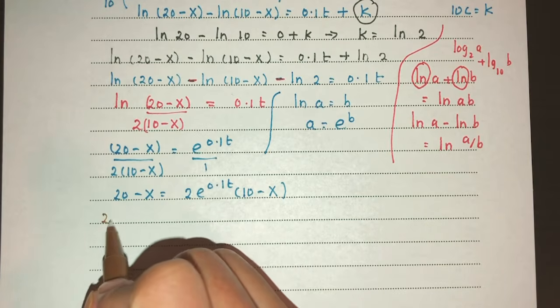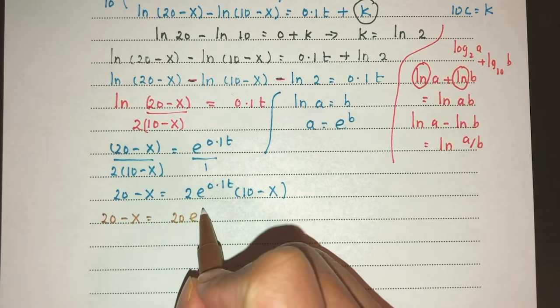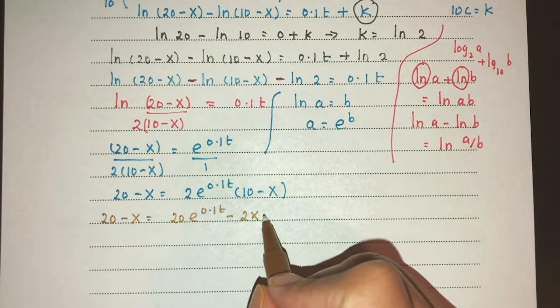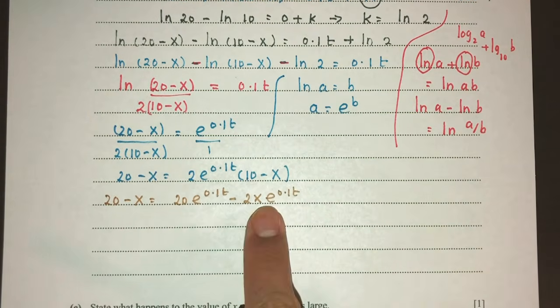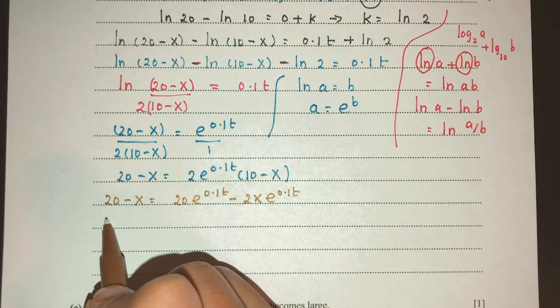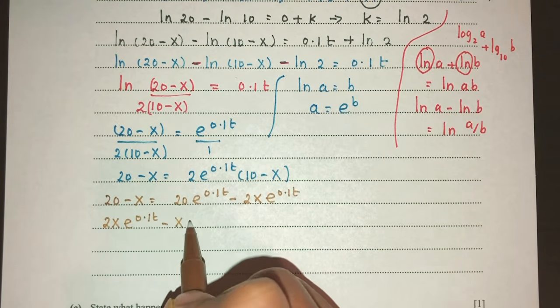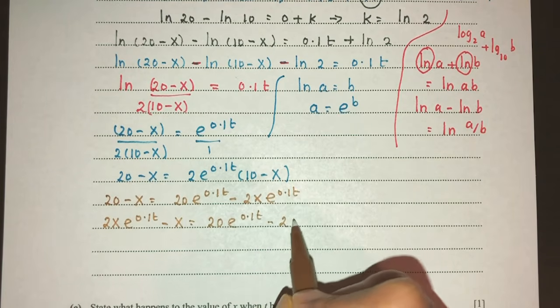You will have 20 minus x is equal to 20 exponential 0.1t minus 2x exponential 0.1t. Now we can send this over here. You will have 2x exponential 0.1t minus x is equal to 20 exponential 0.1t minus 20.